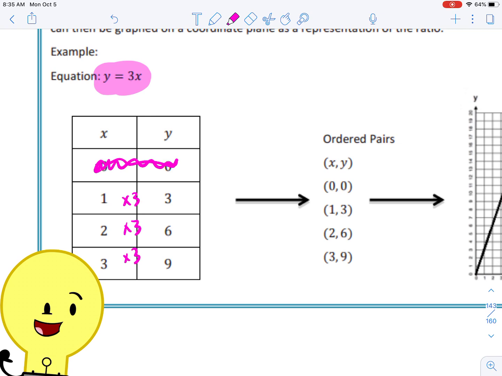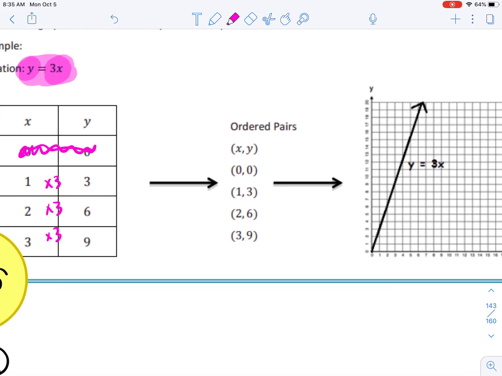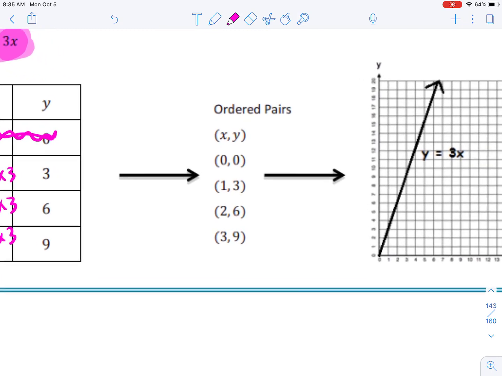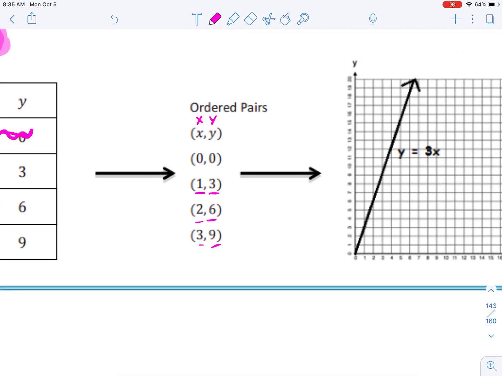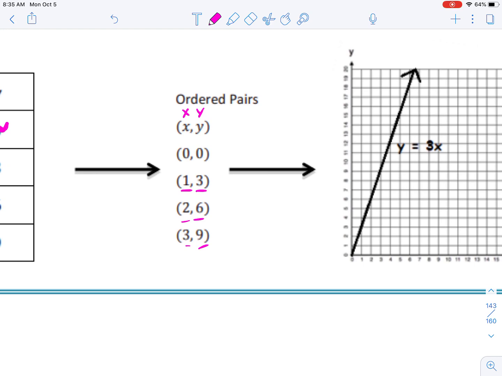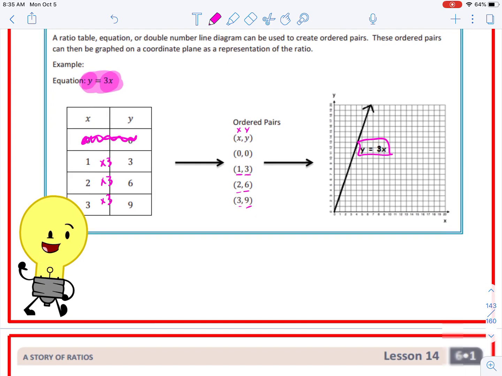Whatever number is in the x column, they're always going to multiply it by 3 to get y. We got our ordered pairs here from the table. First number x, second number is y. First number in the ratio, second number in the ratio, and then they plotted their points. They drew their equation there.